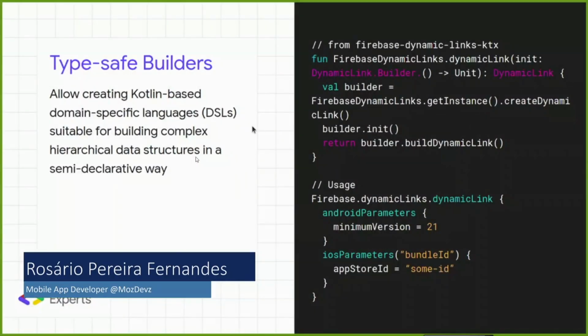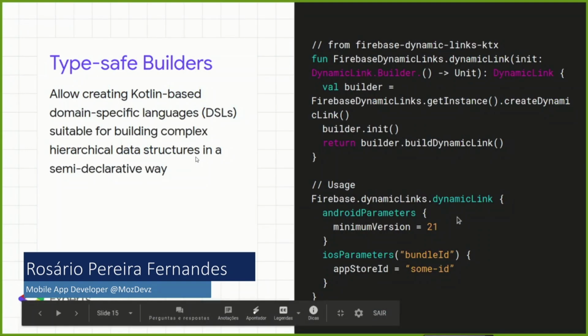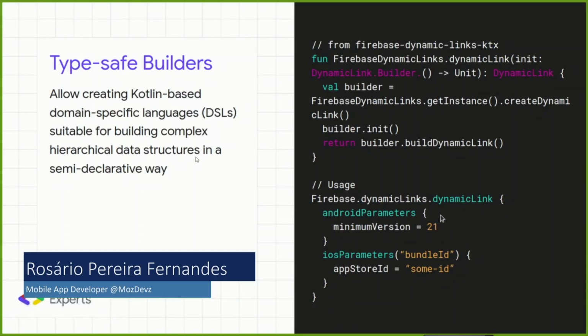So then we have type-safe builders, which allow us to create Kotlin-based DSLs. For example, in the Firebase SDK, there's one specific library called Firebase Dynamic Links, which allows us to create dynamic links, and we can add parameters to that link.